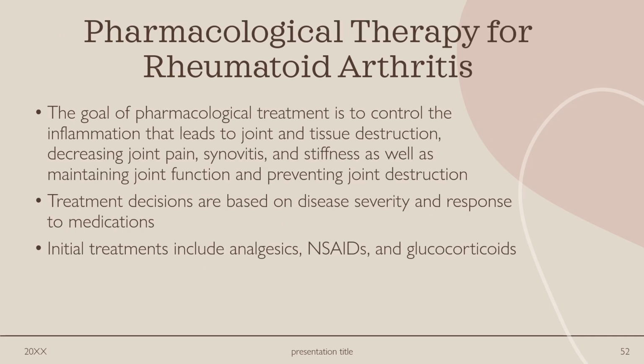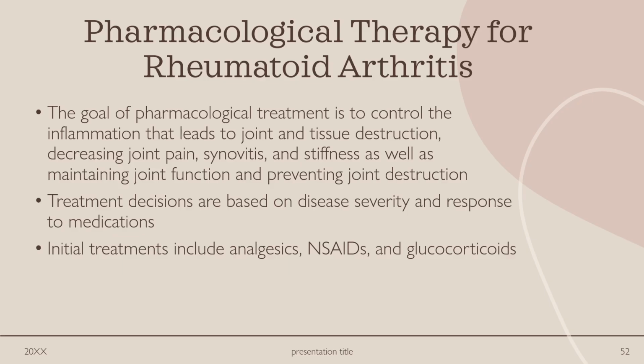So, pharmacological therapy for rheumatoid arthritis. The goal of pharmacological treatment is to control the inflammation that will lead to joint and tissue destruction, decreasing joint pain, synovitis, and stiffness, as well as maintaining joint function and then preventing joint destruction. Treatment decisions are based on disease severity and then the patient's response to the medications.